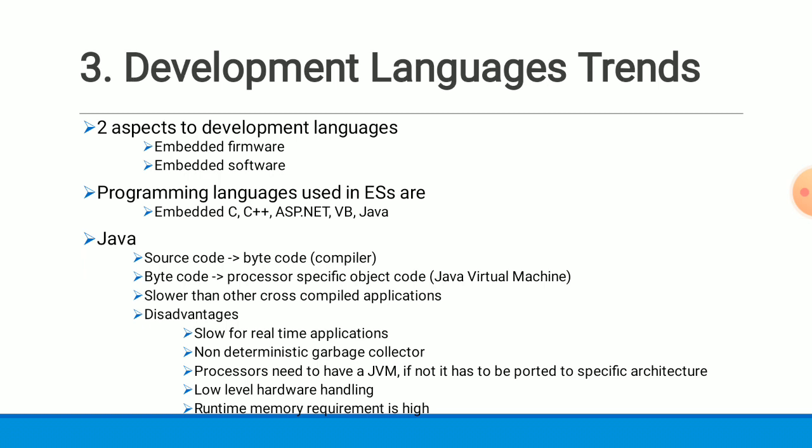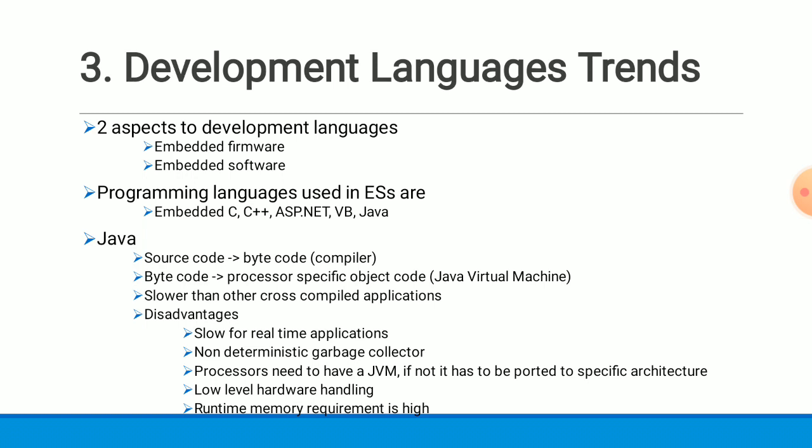Okay, so first source code is converted to bytecode by a compiler, then bytecode to processor specific object code by a Java virtual machine. So during runtime, this interpretation of the bytecode by the Java virtual machine makes Java application slower than that of other cross-compiled application. So this is a disadvantage of this Java. It's slower than other cross-compiled applications.